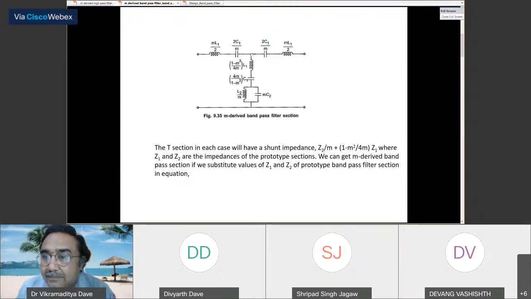We will get an L1 component and a C1 component, and the L2 by M and MC2 are in parallel, while L1 with the value (1 minus M square) upon 4M and C1 with the value 4M upon (1 minus M square) will be in series with each other, while MC2 and L2 by M are in parallel with each other.